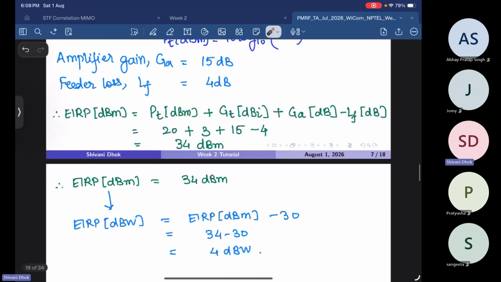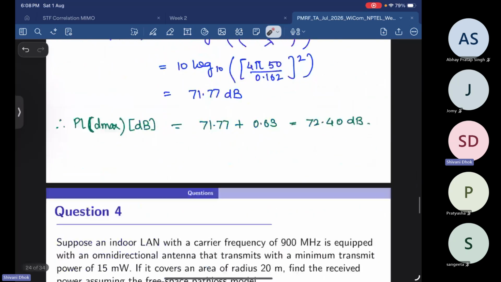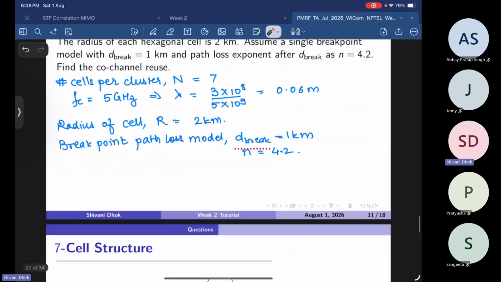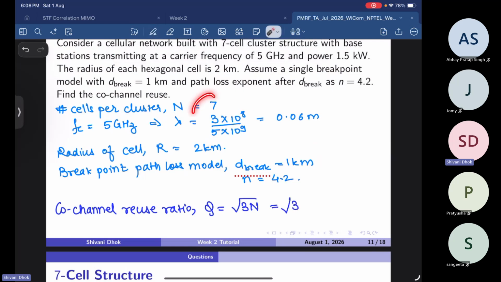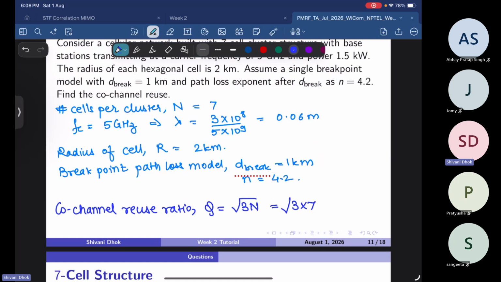So Q is under root 3N, which is equal to under root 3 into N, and N is what? 7. That is under root of 21, which comes out to be equal to 4.58.